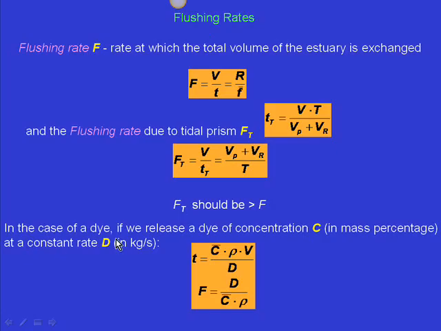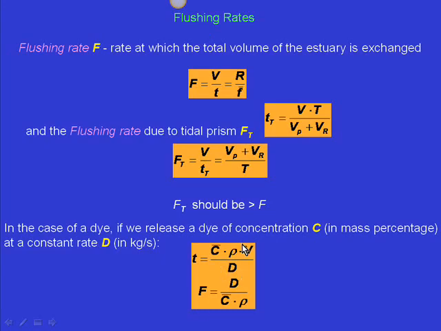So if you release a dye or any suspended material or any chemical with a concentration C, where the concentration is given in mass percentage, that is, it doesn't have units, it's just a fraction, that is released at a constant rate in kilograms per second, then the residence time of that concentration C is given by this expression: concentration times density of the water times the volume divided by the discharge rate.